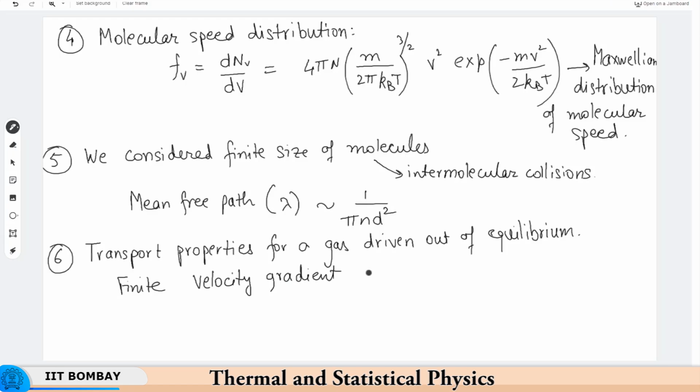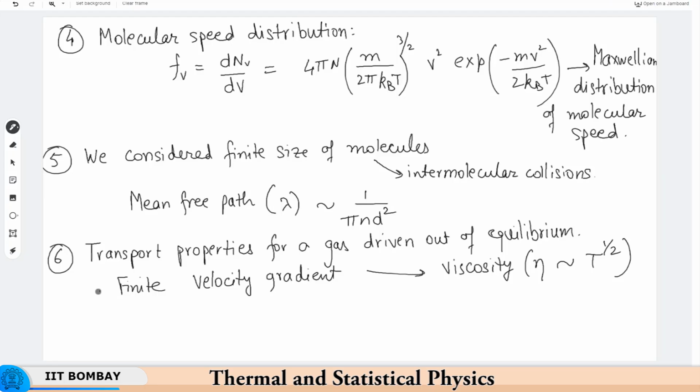That leads to the concept of viscosity, because there is a momentum transport along that axis, and we defined that as eta. We saw that this theory predicts that eta should scale with the square root of temperature, and that more or less matches the experiment. Okay.